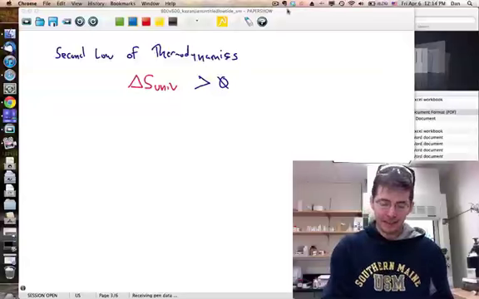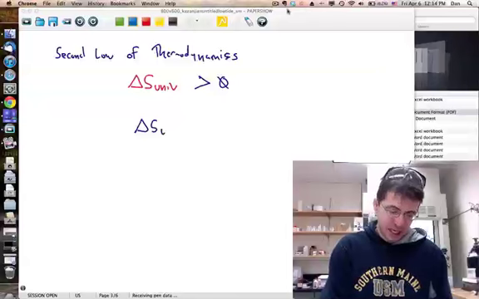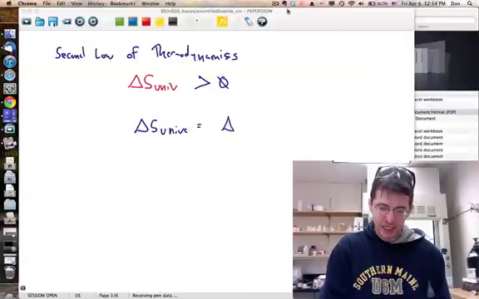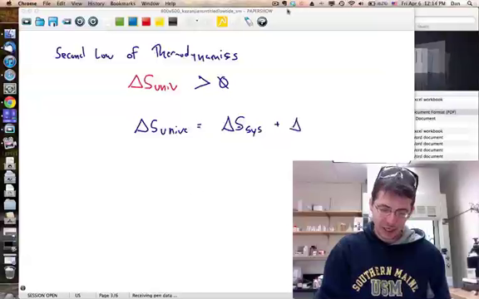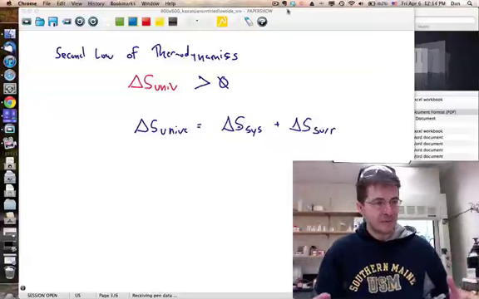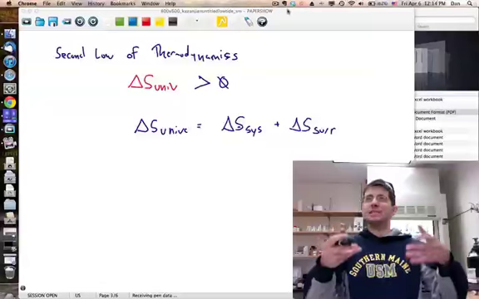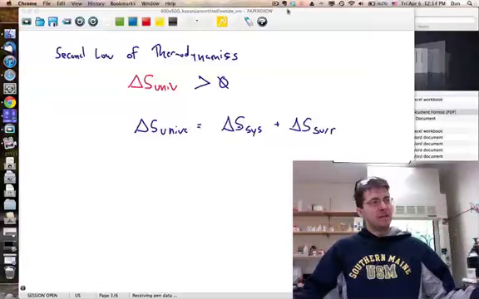The change in entropy in the universe is equal to the change in entropy of the system plus the change in entropy of the surroundings. So when I go into my kid's room and start putting all the blocks back in the box, I am making the system more ordered. But there's a cost.